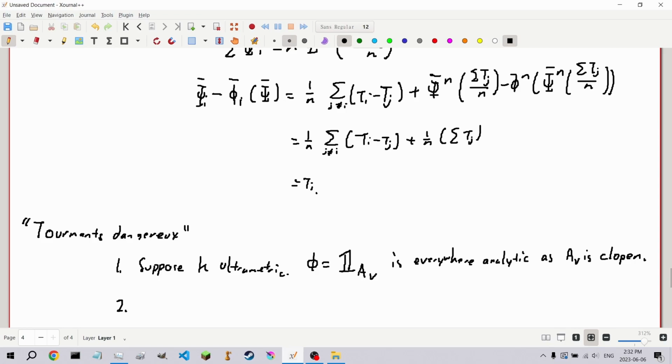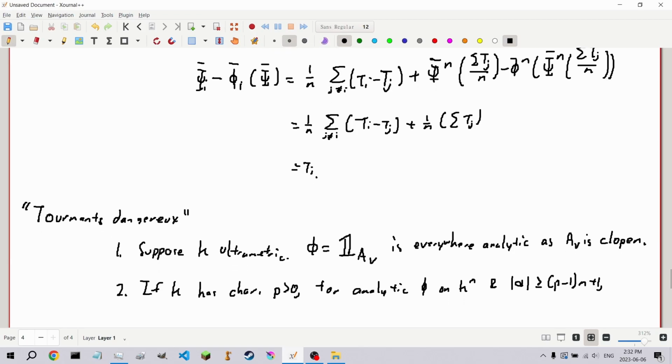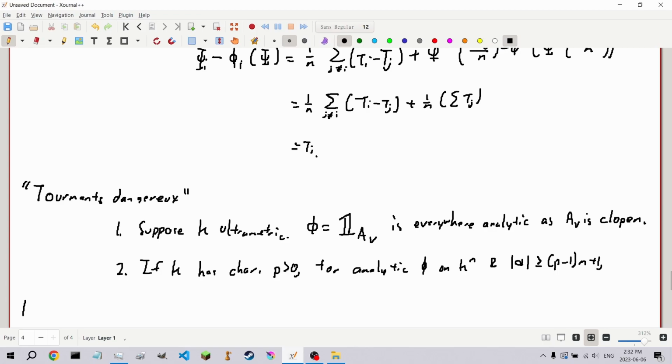Second, if K has a characteristic p, which of course is going to be greater than 0, for an analytic function phi defined on k to the n, and for alpha having a norm greater than p minus 1 to the n plus 1, then the alpha derivative of phi is going to be 0.